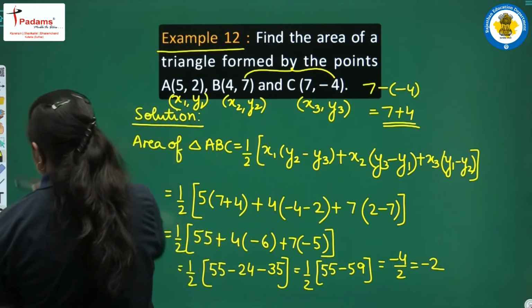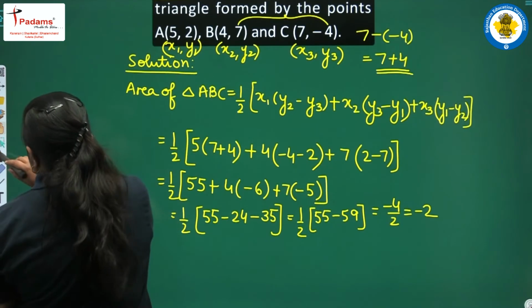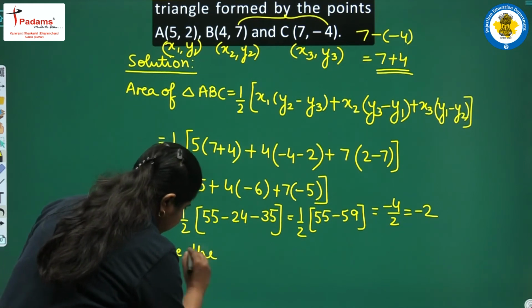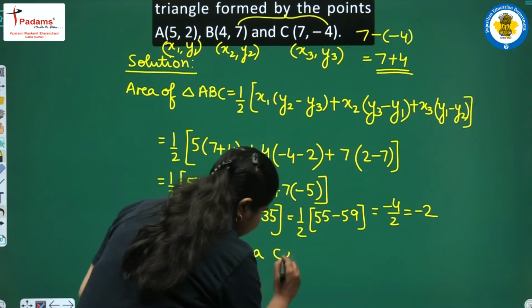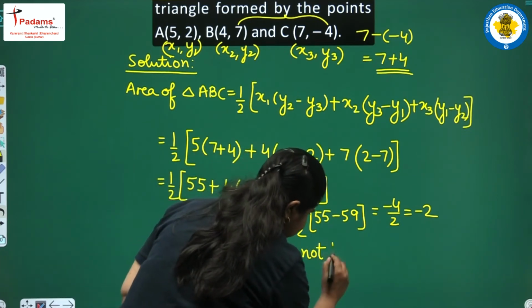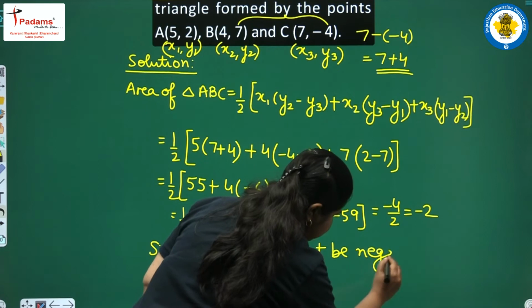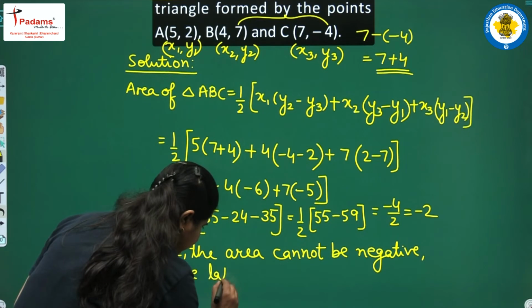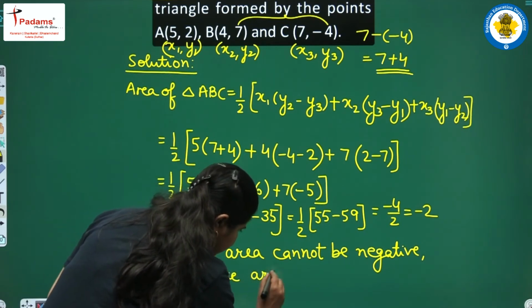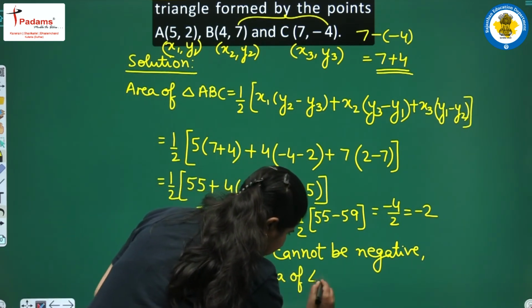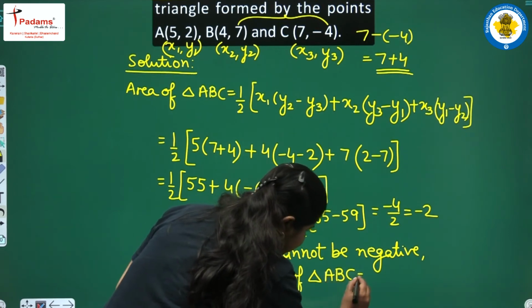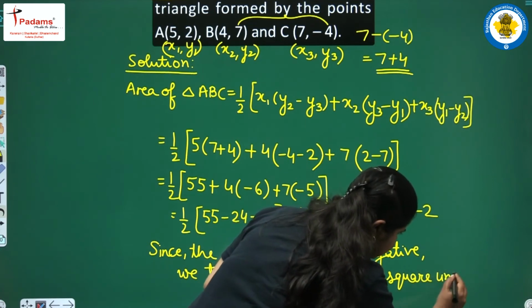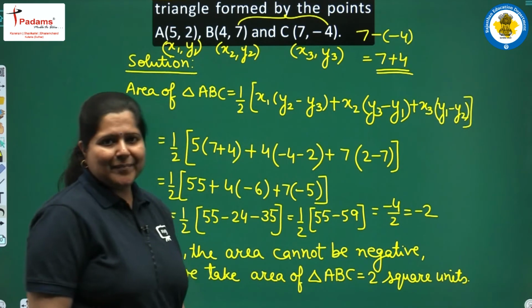So here we can write, since the area cannot be negative, we take area of triangle ABC equal to 2 square units. Okay, I hope it is clear.